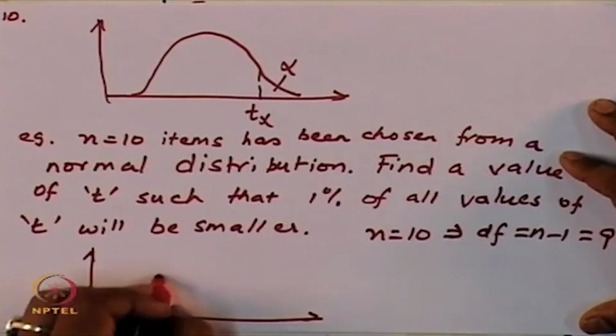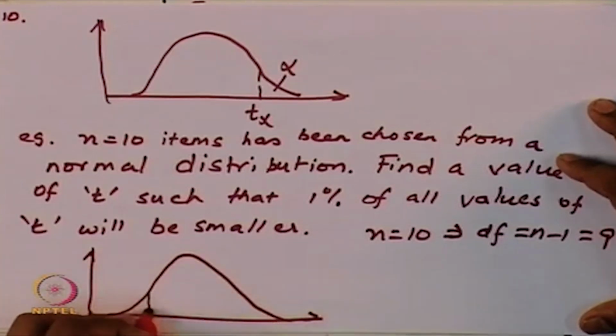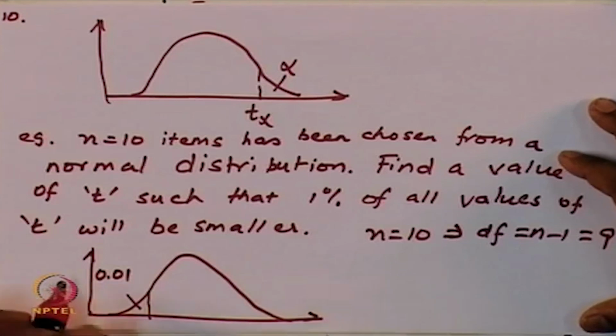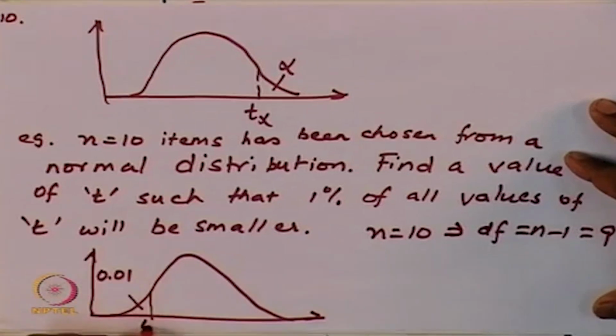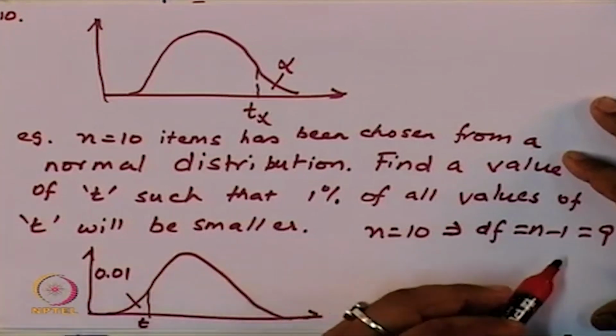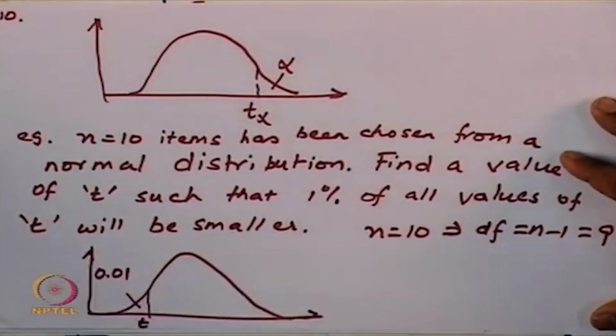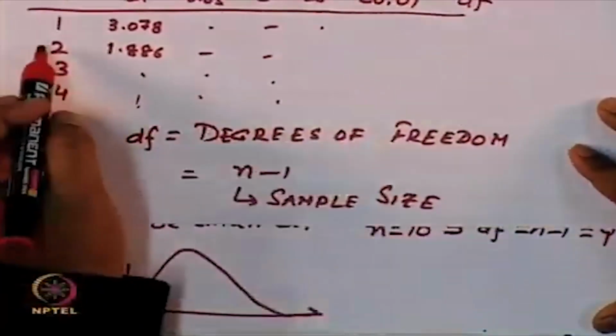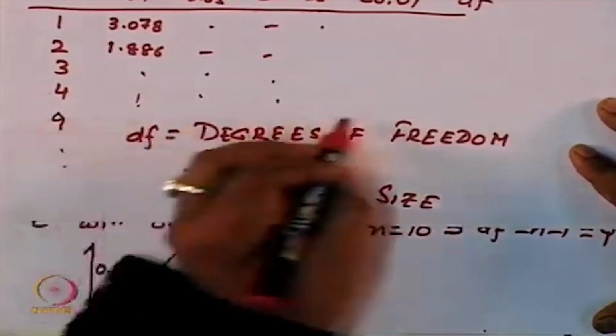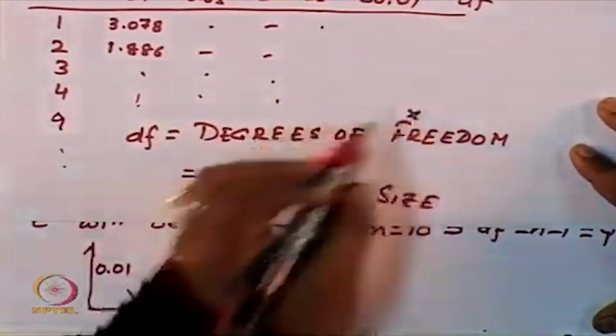So, if I draw this distribution, 1% corresponds to 0.01. I want to find the value of t corresponding to df equal to 9. As we have plotted, for 0.01 and df equal to 9, we find out the value of t.